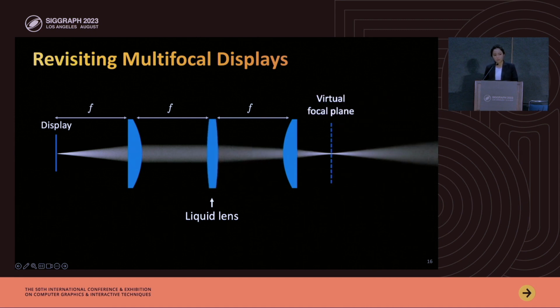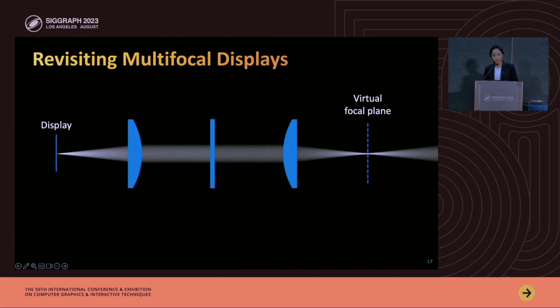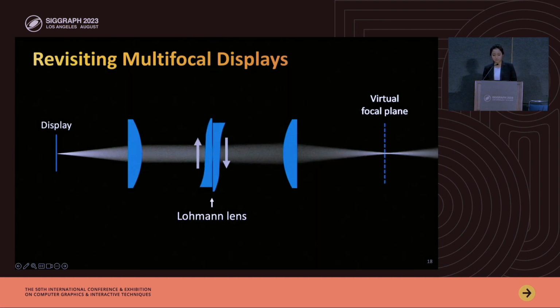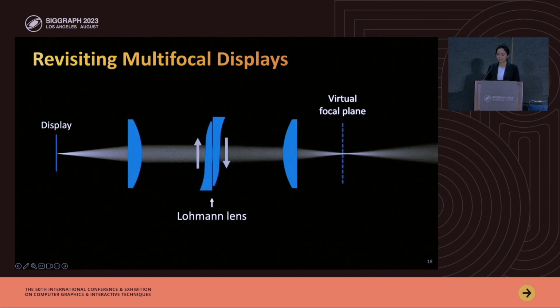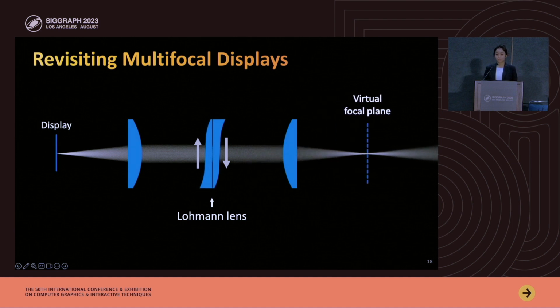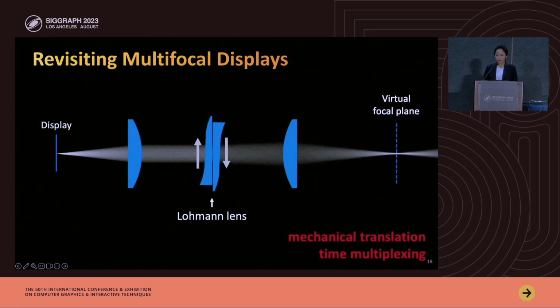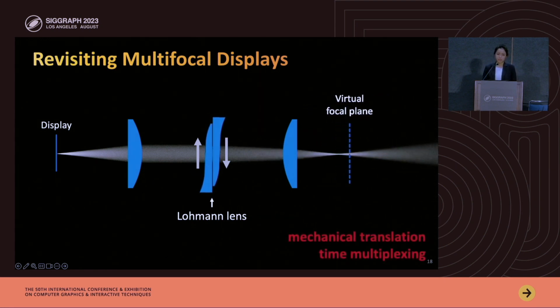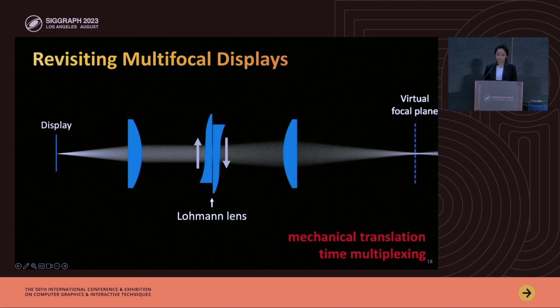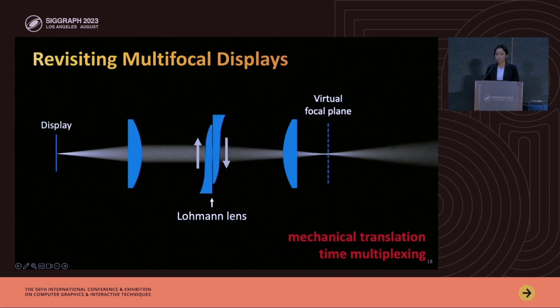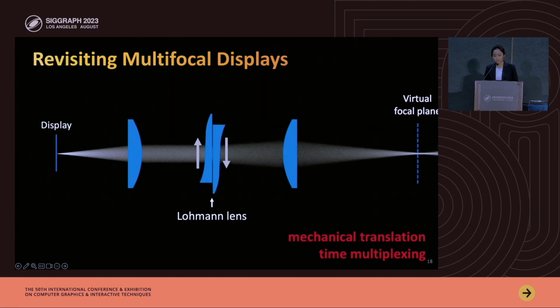Since the Lohmann lens provides focus tunability, we can also use them in place of the liquid lenses. Now, translating the cubic faceplates allows us to move the focal plane in depth. However, this design not only requires mechanical translation, but it also relies on time multiplexing, which makes it worse than using liquid lenses. We'll show next that both issues can be fixed.